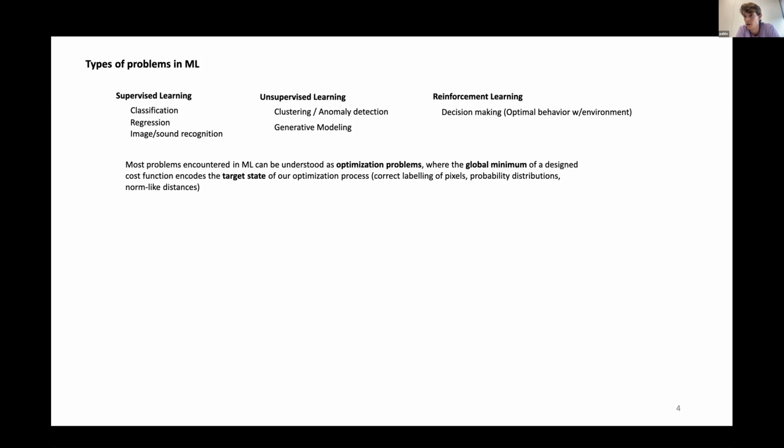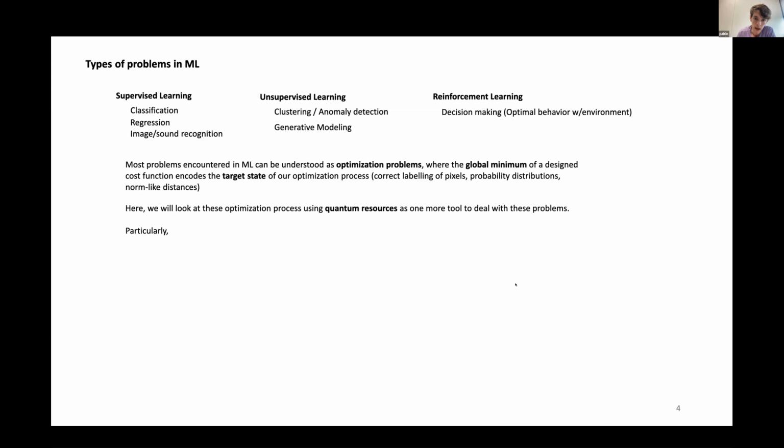And you are basically trying to know what that ground state is, what that global minimum of your cost function is. This could be the correct labeling of pixels of a picture, probability distributions, certain distances between functions, whatever. And as I was saying, the question here is, can we use quantum resources in order to improve our techniques to achieve such a minimum, to achieve those solutions we are looking for in these fields?